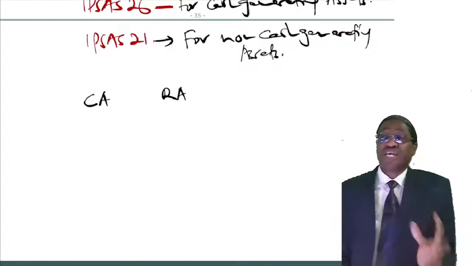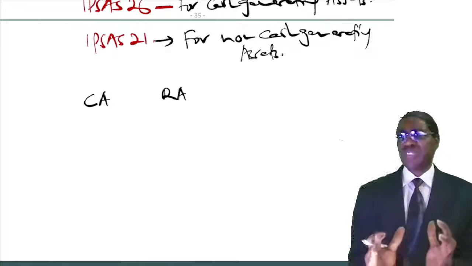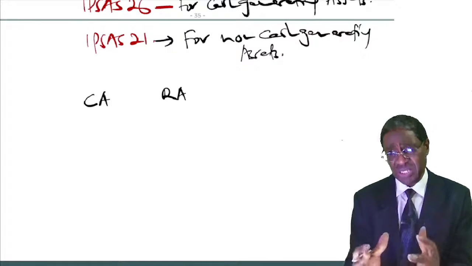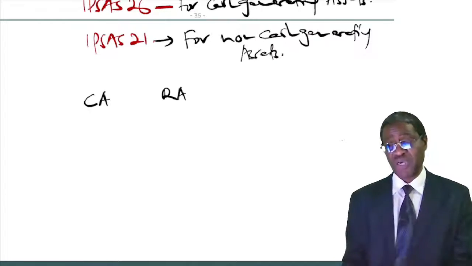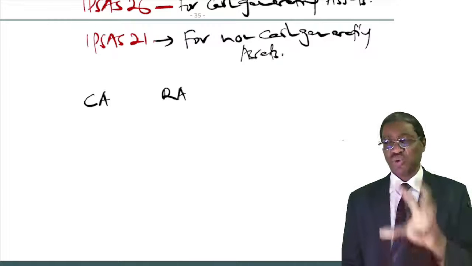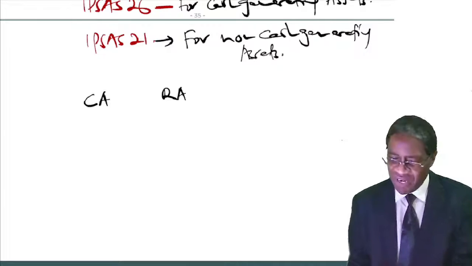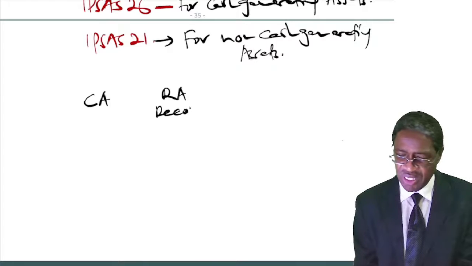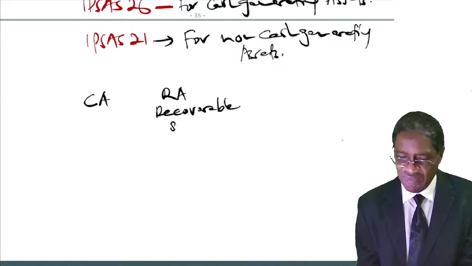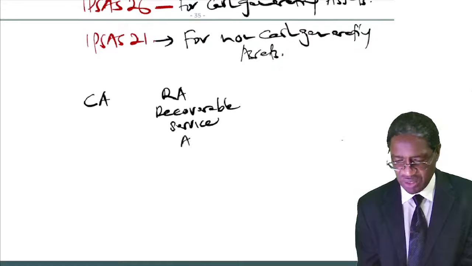So which automatically means you as a public sector entity are only using these assets to provide a service. So you compute what we are calling the recoverable service amount.